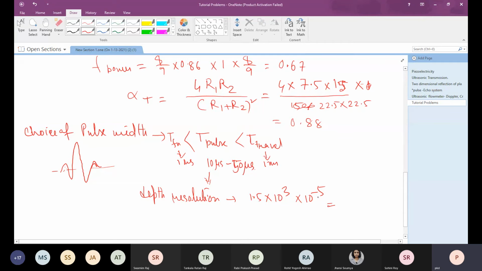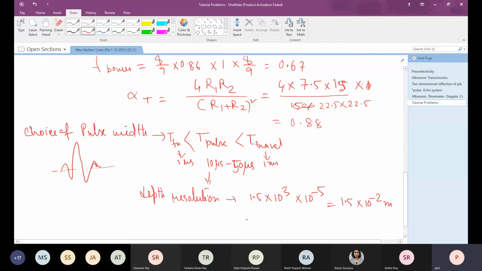Is 1.5 into 10 to the power minus 2. So it will give 1.5 centimeter.